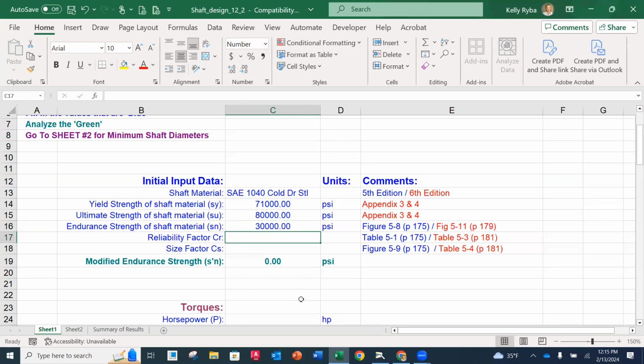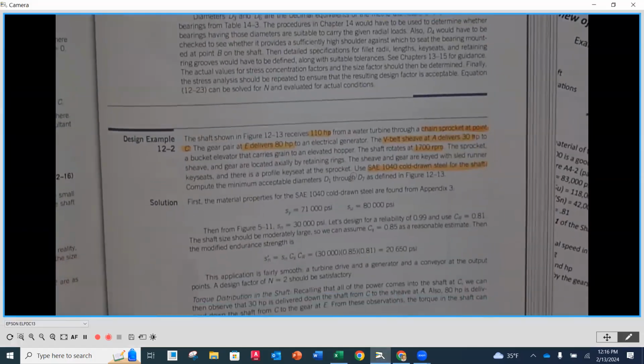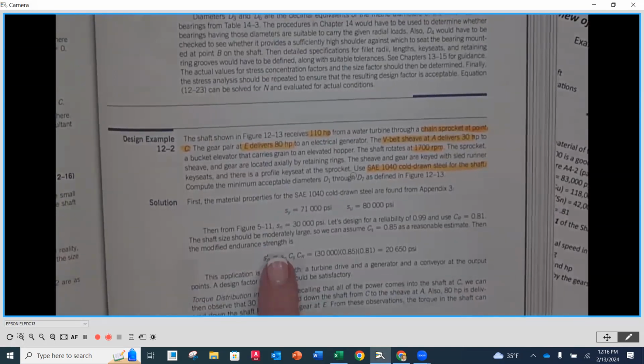Now, the next one is going to be our reliability factor. Here as well, we're going to find that on page 181, table 5.3, and then also the size factor. Before we go there, it's worth looking underneath here, because remember, they're guiding us in this example, and they're kind of the experience, if you would. Those two are relative, number one, to the industry that you're in reliability wise.